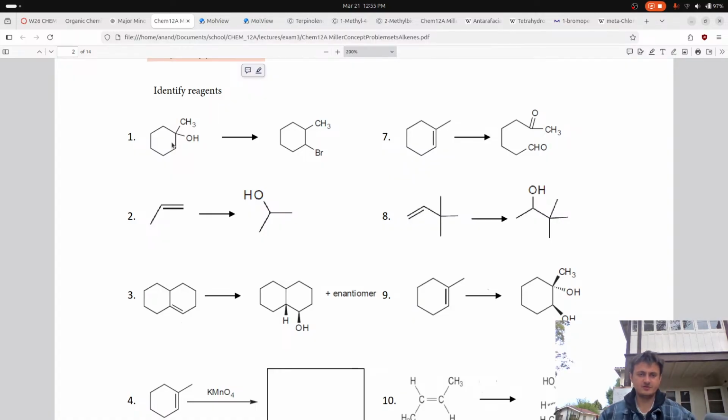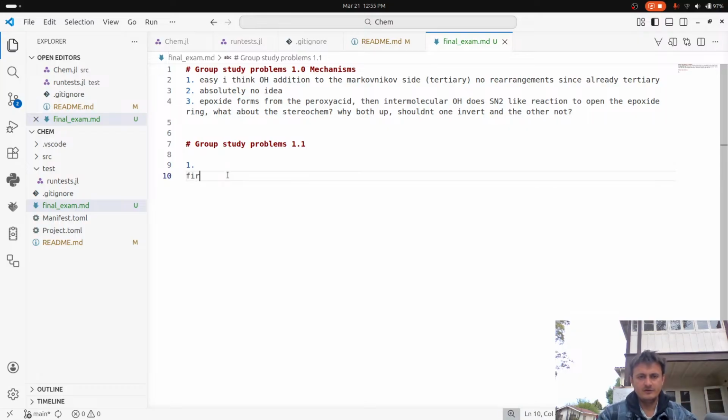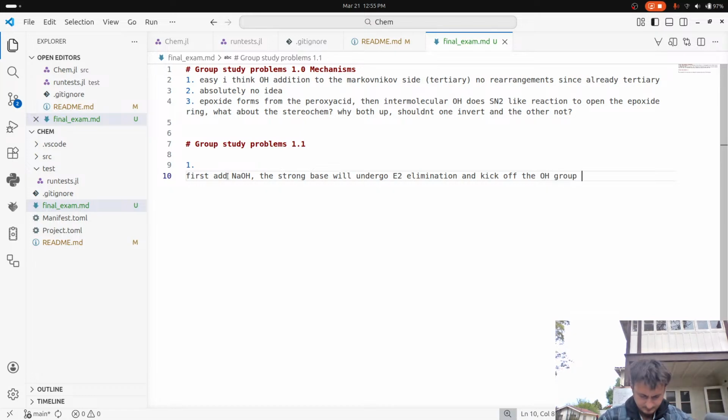Okay, so this first one. First, add NaOH. The strong base will undergo E2 elimination and kick off the OH group. The side the double bond forms on doesn't matter because the rest of the molecule is symmetric.